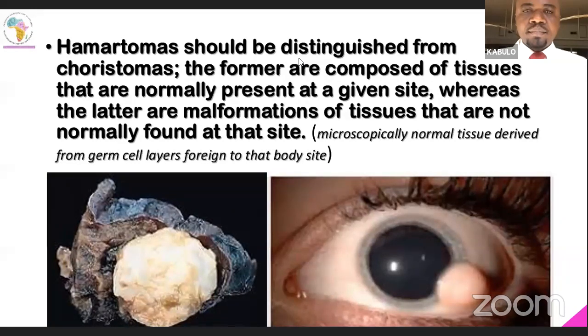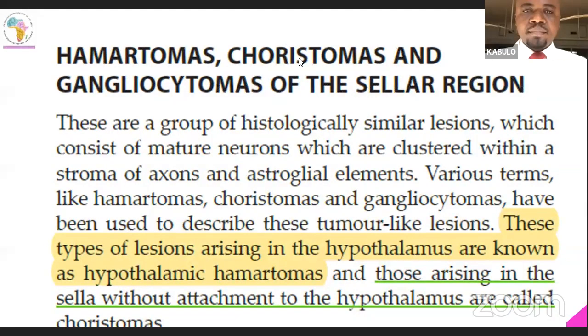And when they come in the brain, they're always midline, especially in the pineal region, and also around the sellar region. So the hematomas, choristomas, and gangliocytomas, these types of lesions arising in the hypothalamus are known as hypothalamic hematomas.